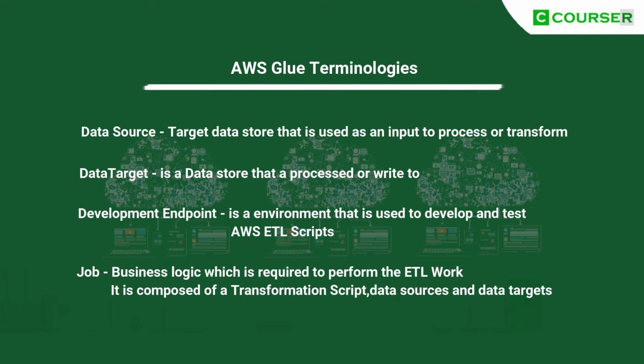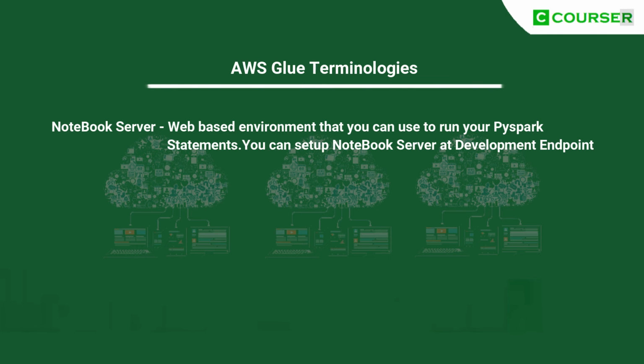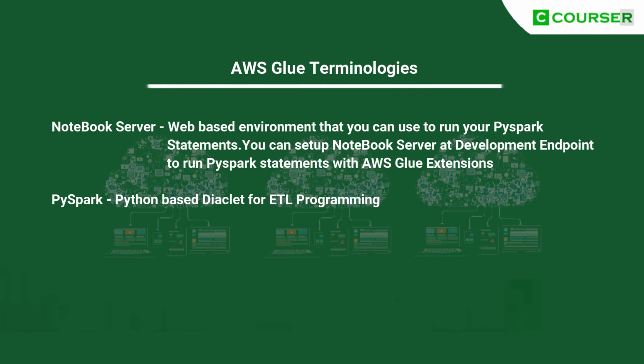A job is the business logic which is required to perform the ETL work. It is composed of a transformation script and data sources. The notebook server is a web-based environment that is used to run PySpark statements.